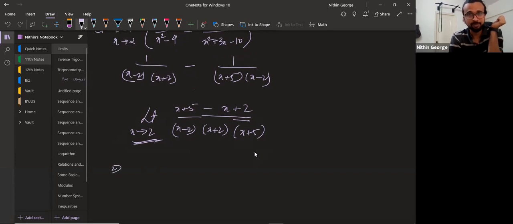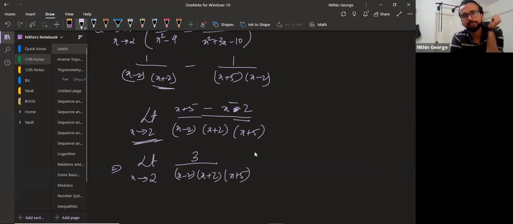Now you have limit x tends to 2, and x plus 2 will be there. So this becomes 3 by (x minus 2)(x plus 2)(x plus 5).